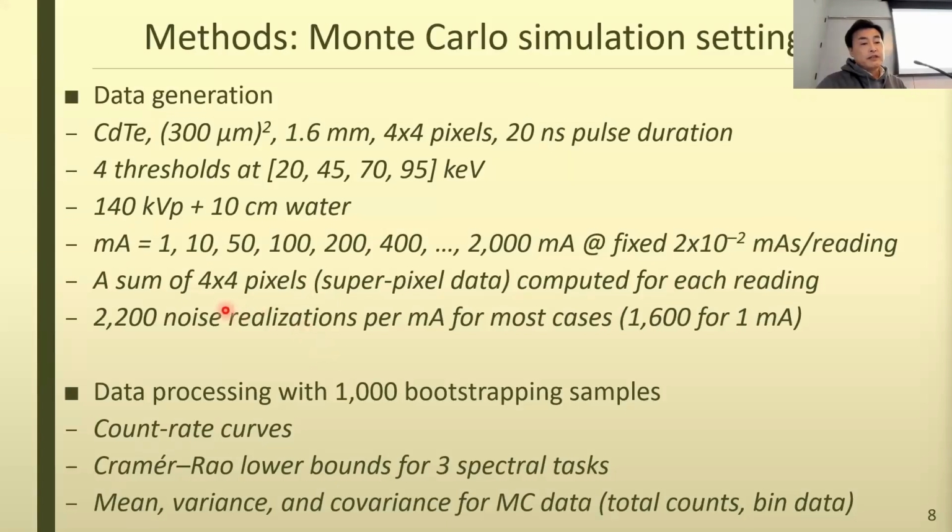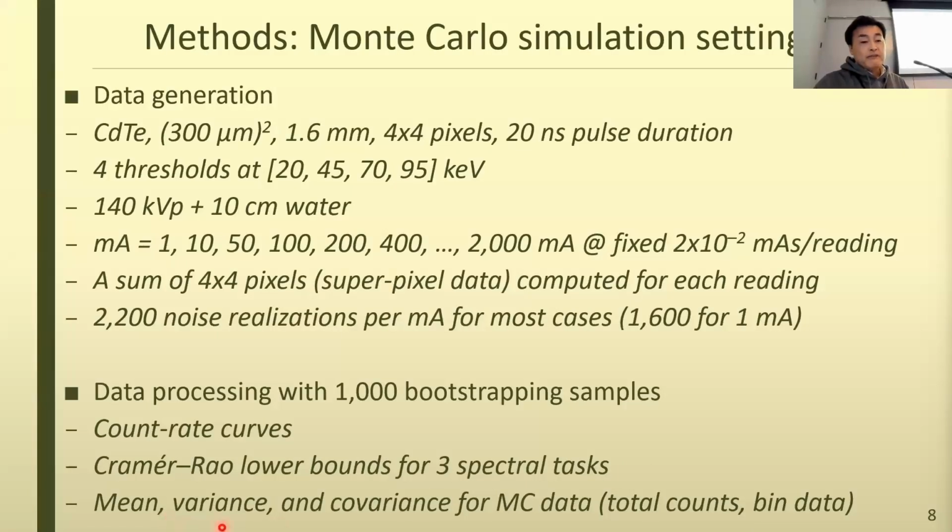The data are processed to compute the 4x4 pixels, and we computed the count rate curves and Cramer-Rao lower bounds for 3 spectral tasks, but we only show water-bone material decomposition results today for the sake of simplicity.